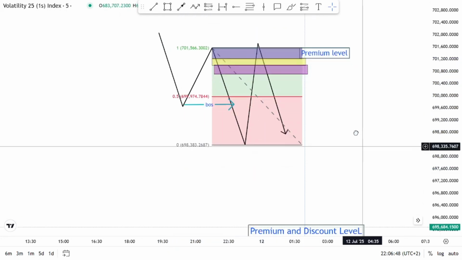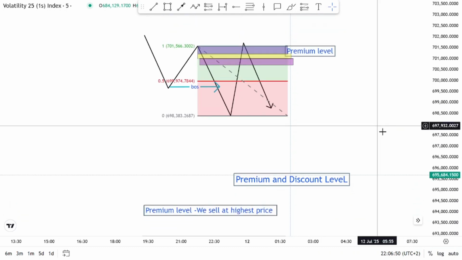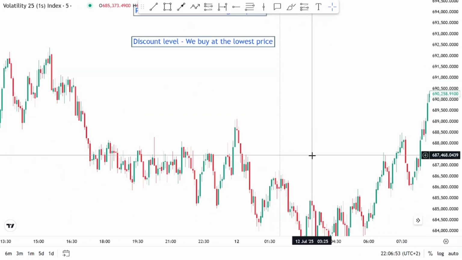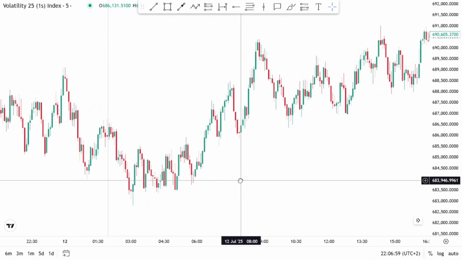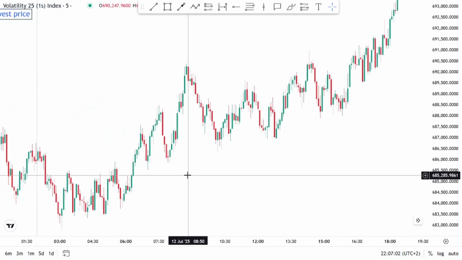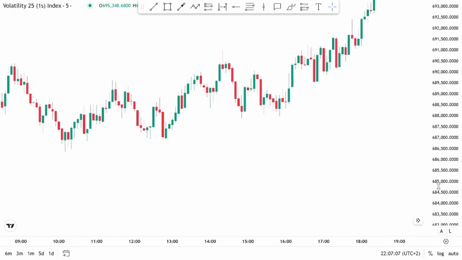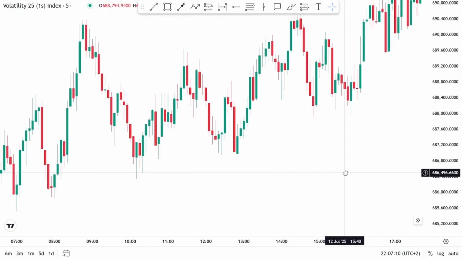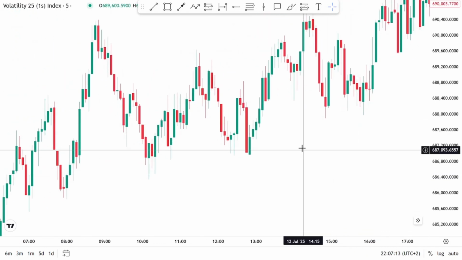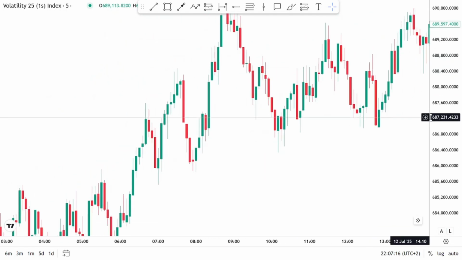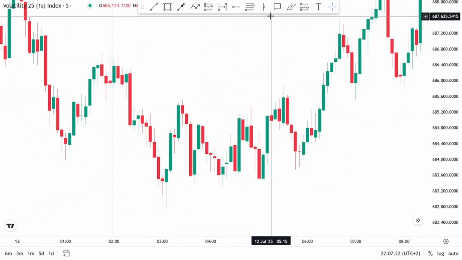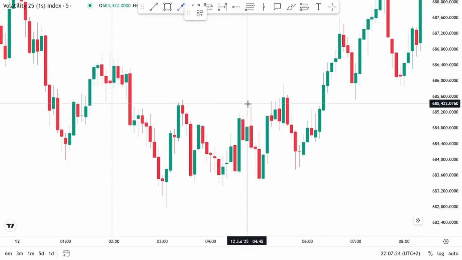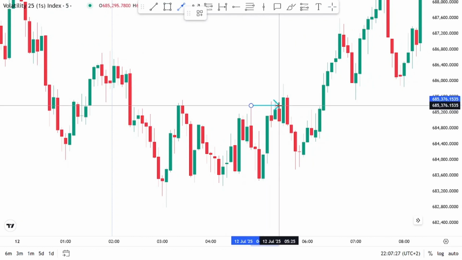So let's go to the market quickly and show you some quick examples. Voila, this one here. Here we had the breaker structure.